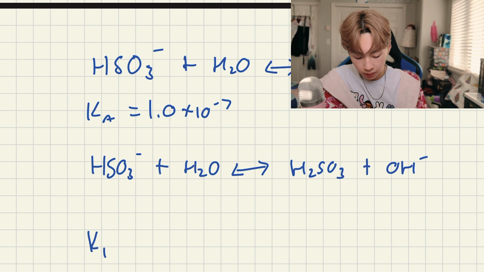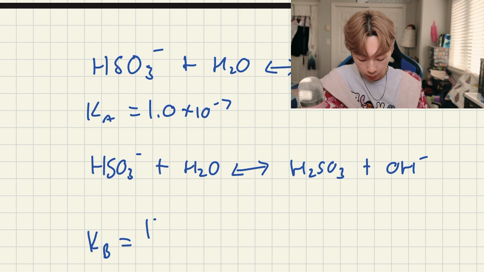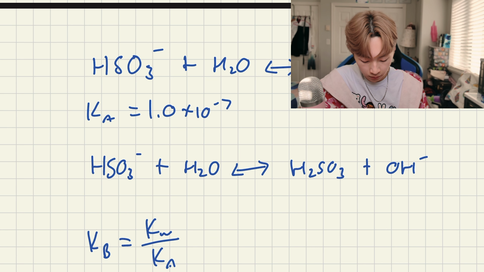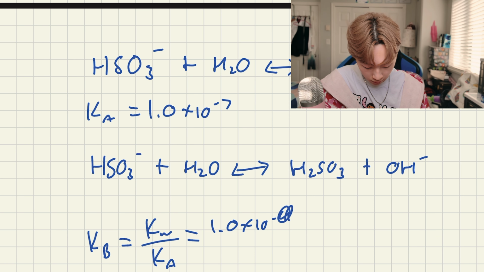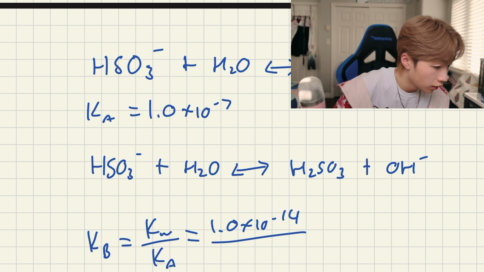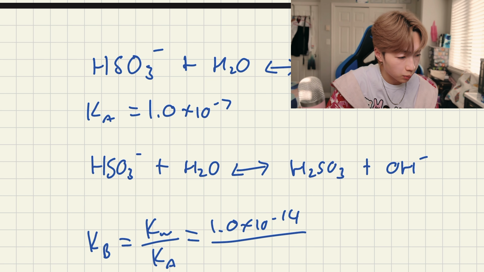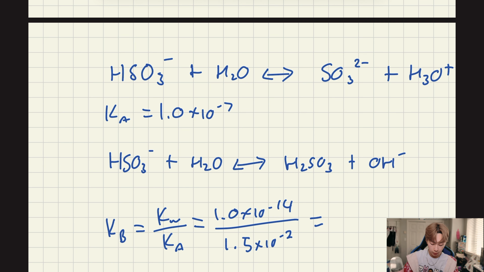For Kb, that has to be our Kw divided by Ka. So that's 1.0 times 10 to the negative 14 divided by our Ka, which is 1.5 times 10 to the negative 2. And that's going to give us a Kb of 6.67 times 10 to the negative 13.